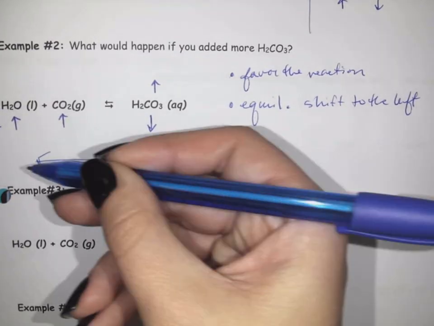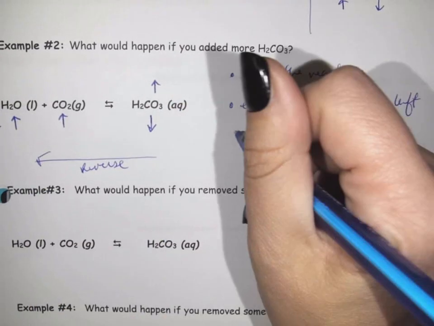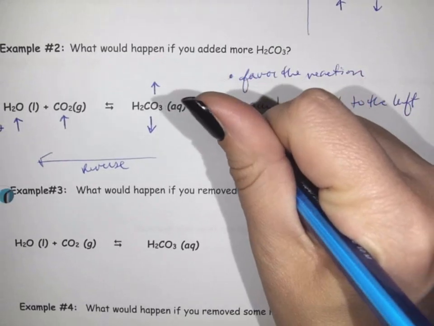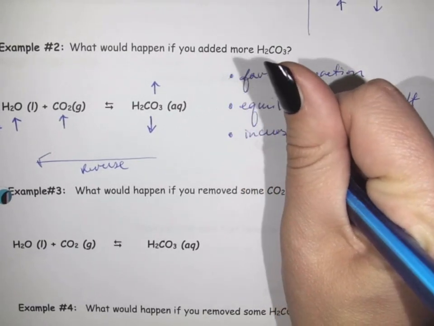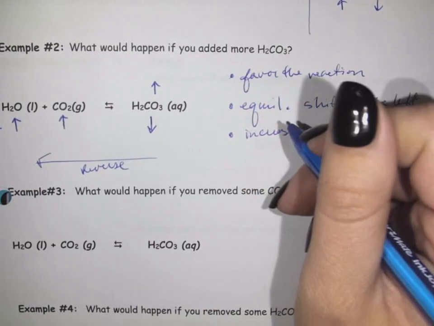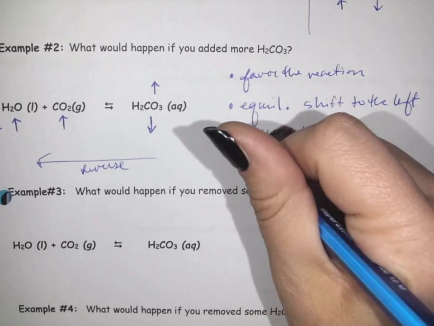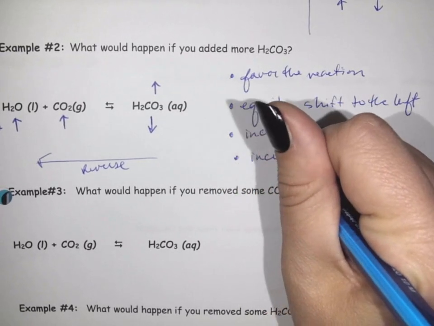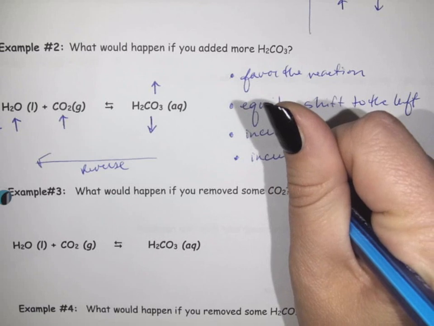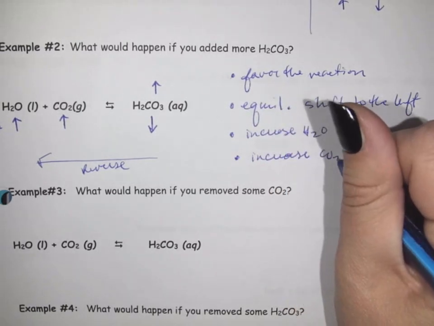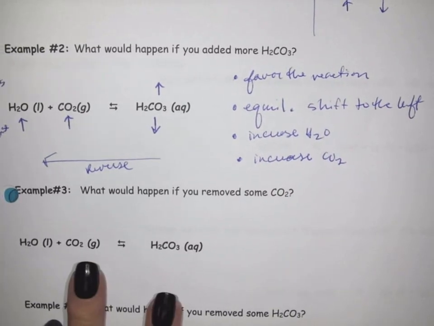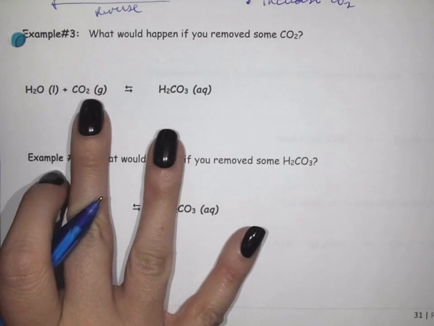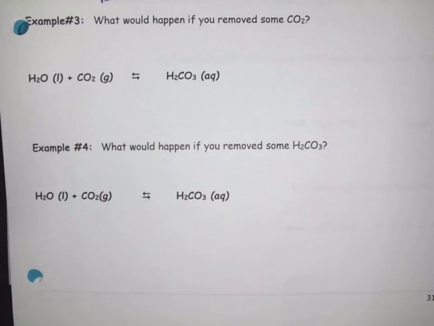Okay, it shifted to the left because it was a reverse reaction. We could say that we saw an increase in H2O. The other thing you could say is that we saw an increase in CO2.